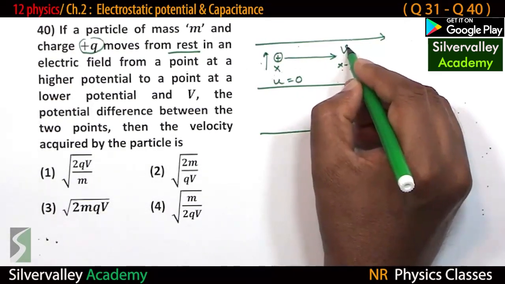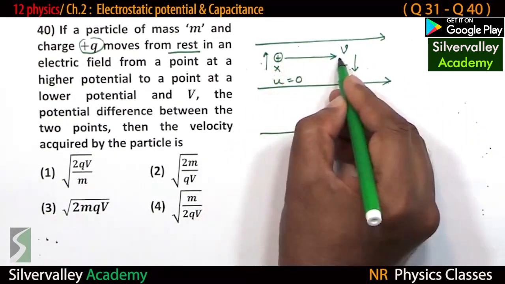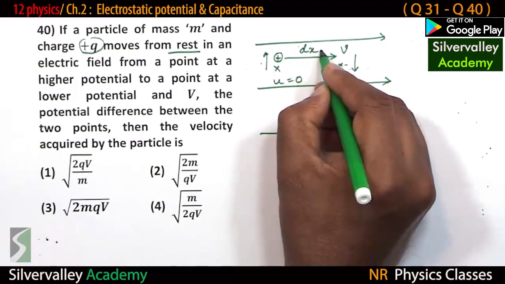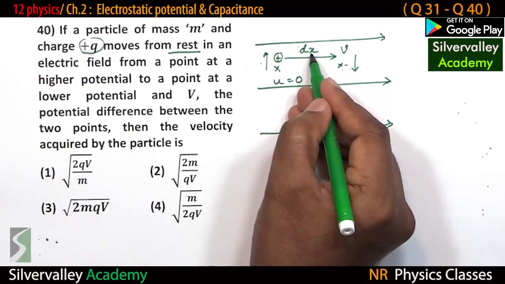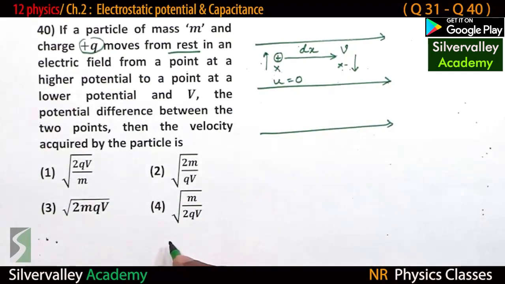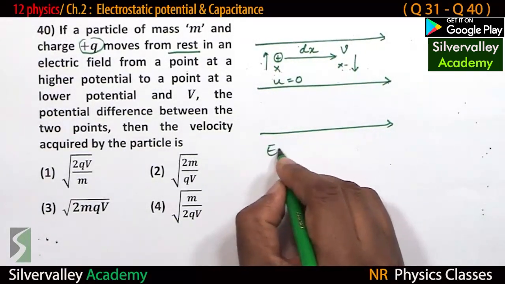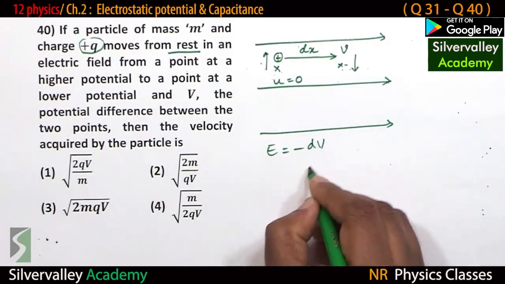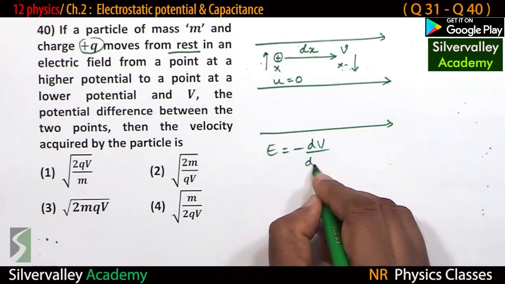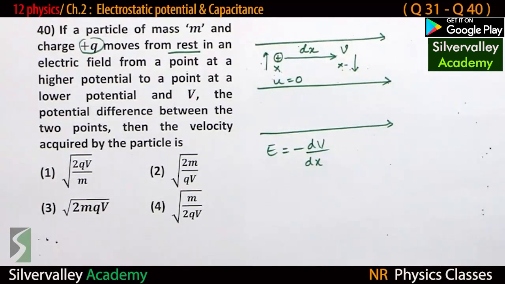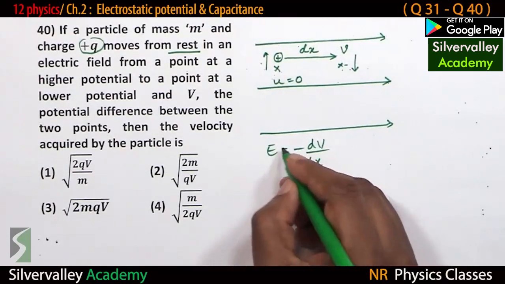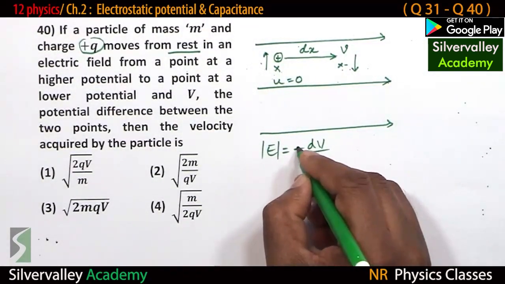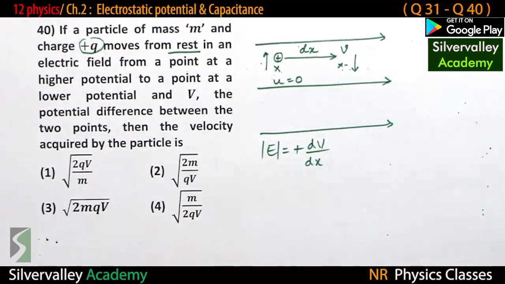Here velocity is v. Let this displacement be dx or displacement s, doesn't matter. So E equals minus dv by dx, or the magnitude of the electric field is dv by dx.